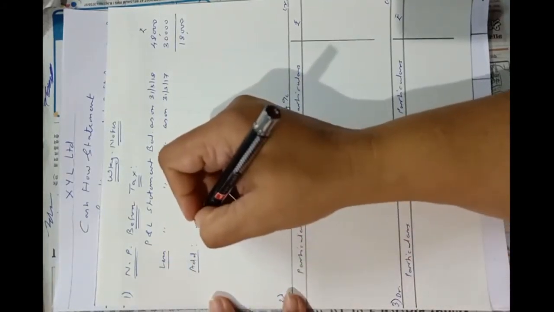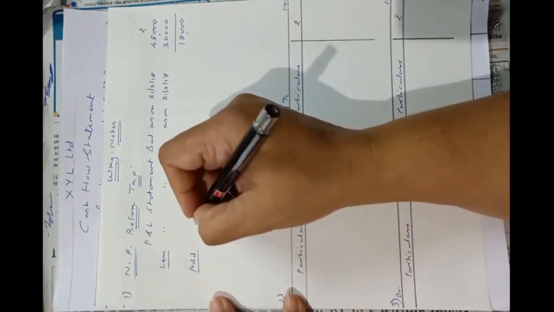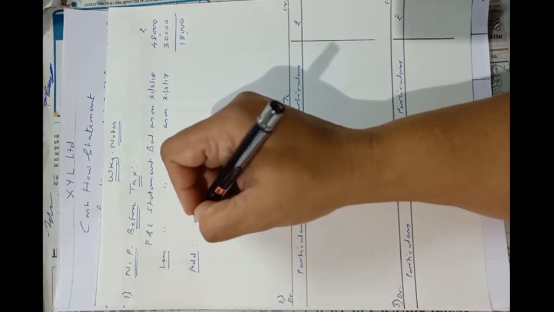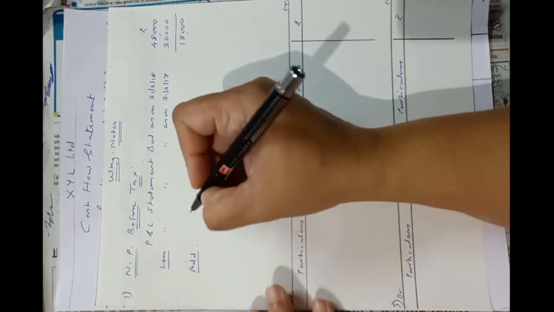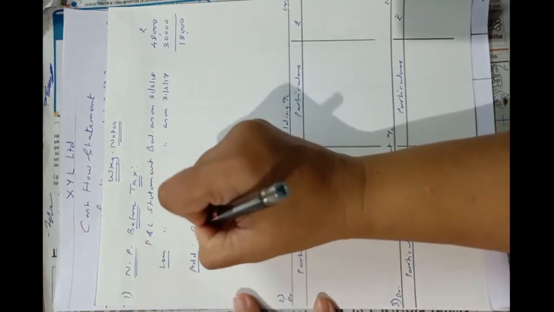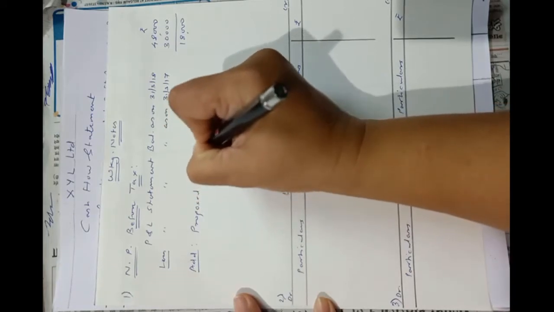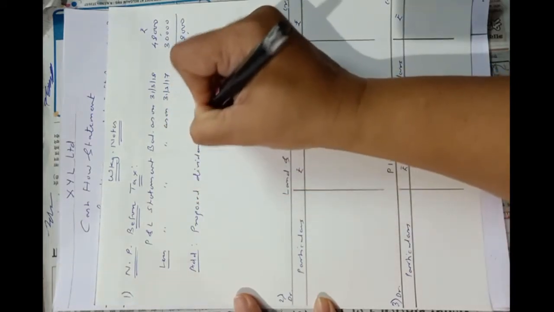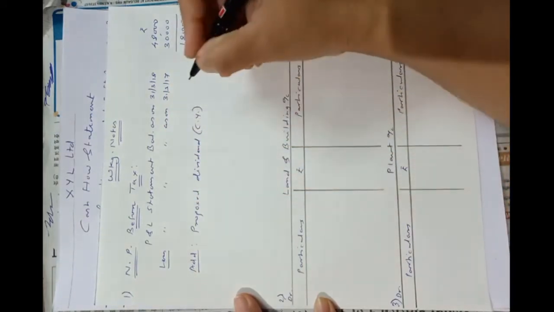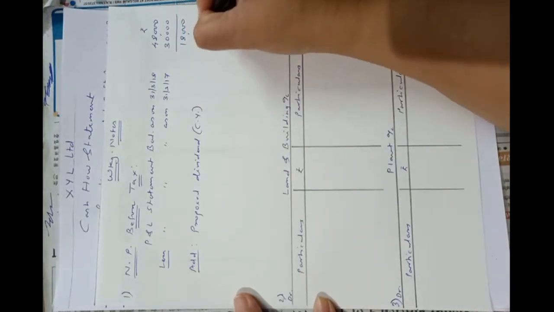Now add. We have to add, as we have discussed earlier, proposed dividend for 2018, that is current year's proposed dividend. Current year it is given rupees 50,000.